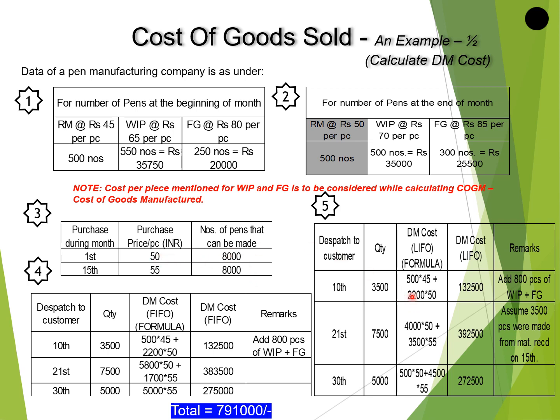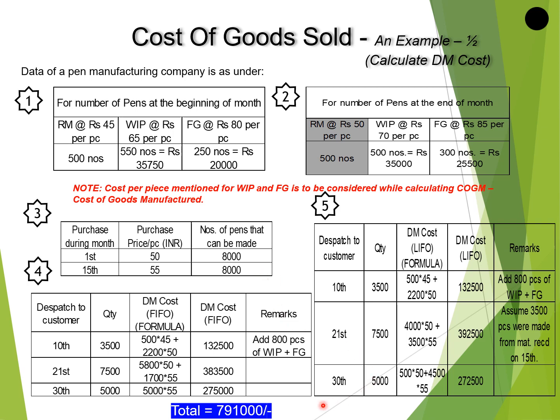So 2,200 only I have taken before. So there was availability of 5,800. So I took 4,000 pieces from here. So 4,000 into 50 plus 3,500 into 55. So that is 3,92,500. Mind it, if I am able to make more than 3,500 numbers here, I will take that quantity because it is LIFO method, last in first out. Whatever quantity I could make from the last lot, I will make and dispatch.